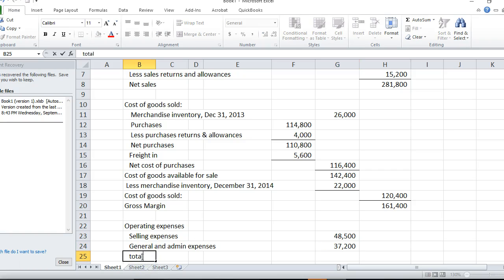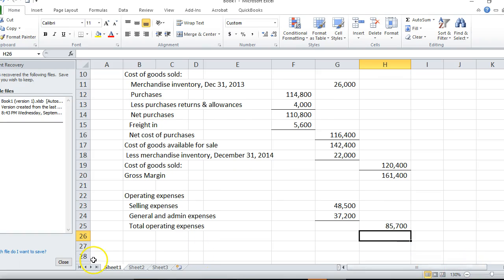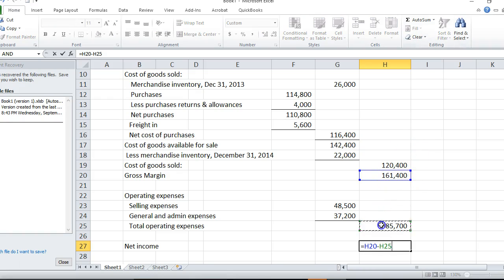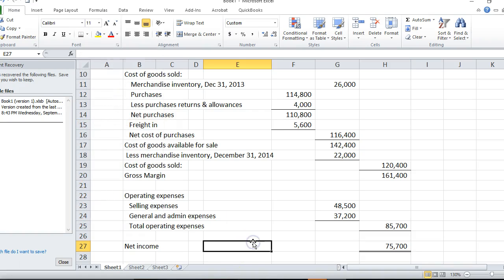And from there, total operating expenses of 85.7, which means ultimately our net income should be 75.7. $161.4 minus 85.7 should be 75.7.